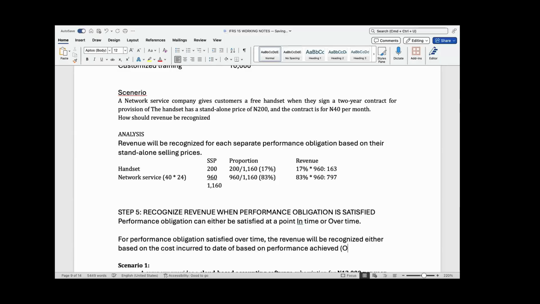So I can call this the output method. The standard didn't call it that. I'm just giving it my own name. If you are looking at it based on your output, or you are using the input method.